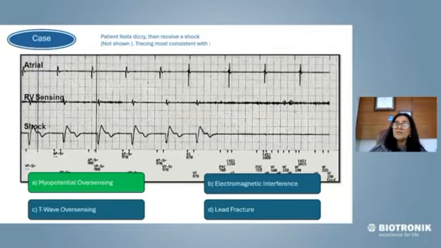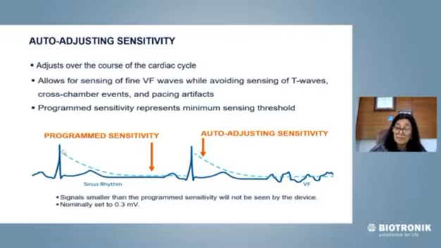What happens in this? The near field EGM, the tip to ring from the RV lead, picks up the myopotential, diaphragmatic potentials, and thinks that the ventricle is contracting and inadvertently tells that it is ventricular fibrillation, and these patients can even receive therapy, which brings us to the point of having auto-adjusting sensitivity, which it adjusts over the course of the cardiac cycle.